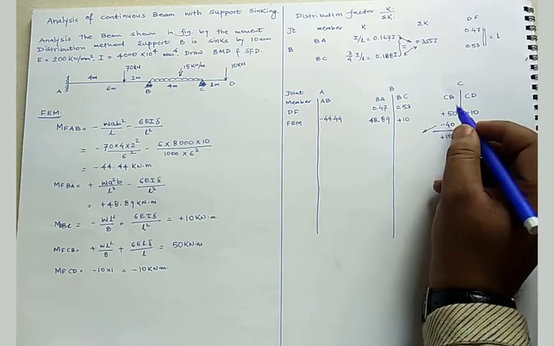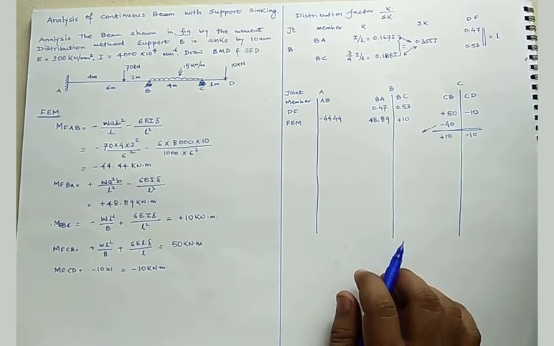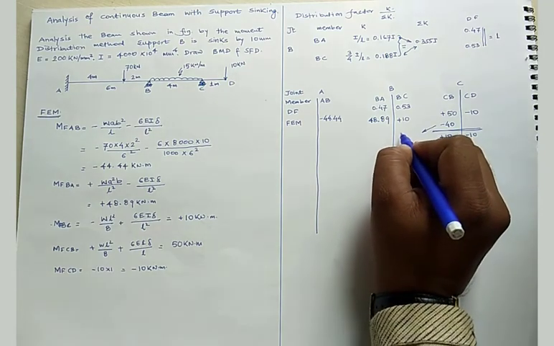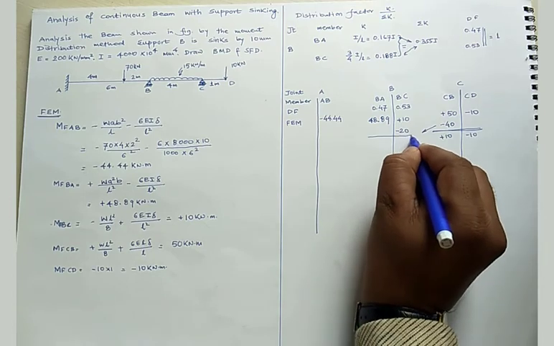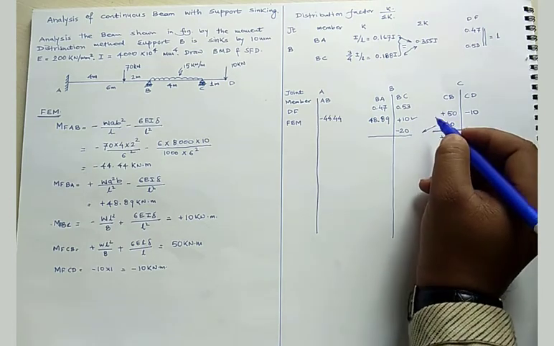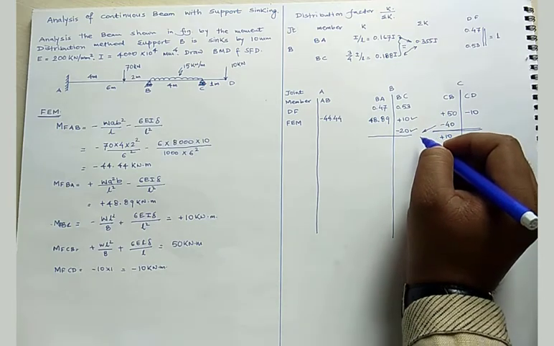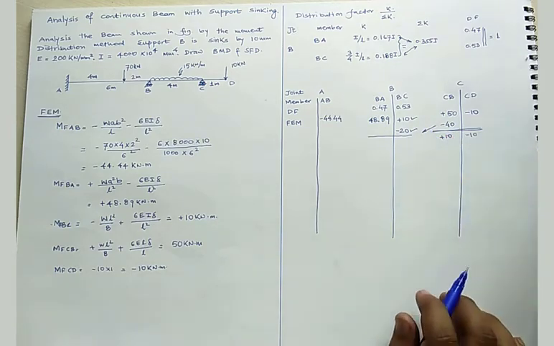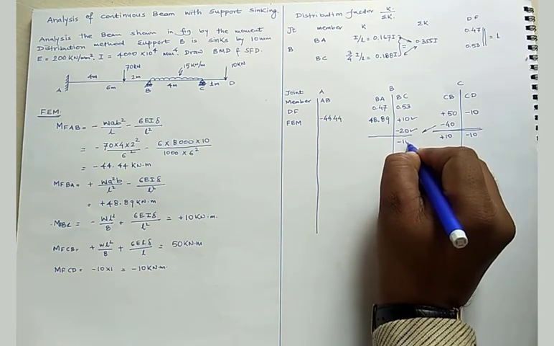So the CB portion will donate 50% of its moment to the BC member, so it is minus 20 we are getting. So we will sum up this value. Plus 10 it was initially, then minus 20 is taken from the CB member, so it will be equal to minus 10.